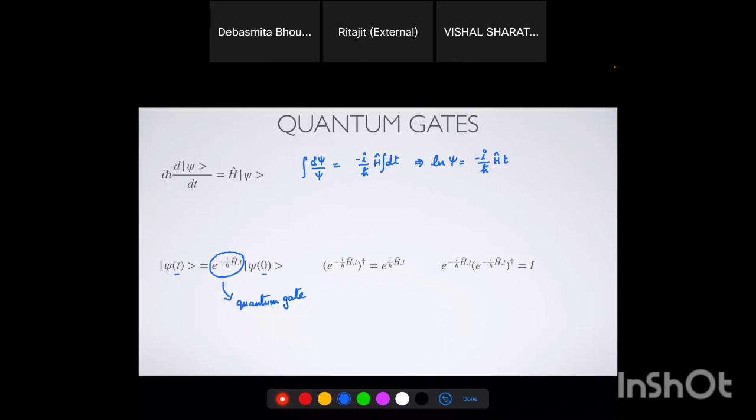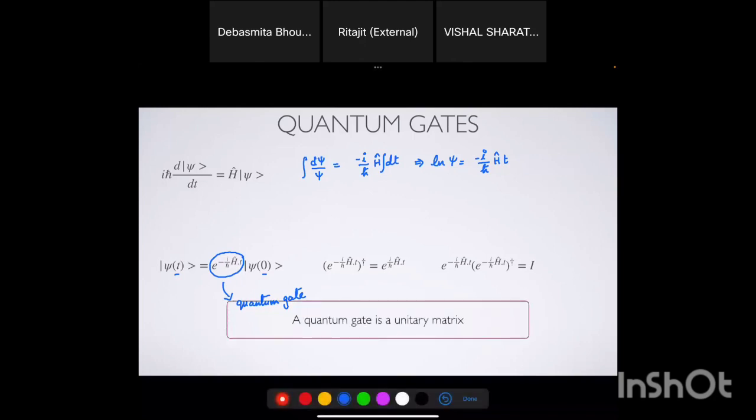As I already said, this Hamiltonian H is a Hermitian operator, which means H dagger is equal to H. So if you take the dagger, H doesn't change, minus i becomes plus i. Now if you multiply this operator with its dagger, this becomes identity.